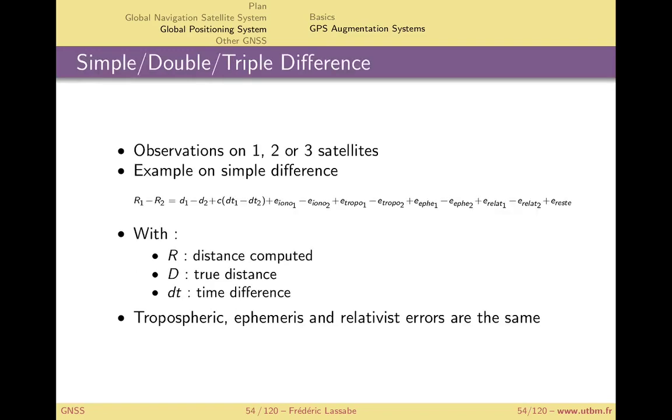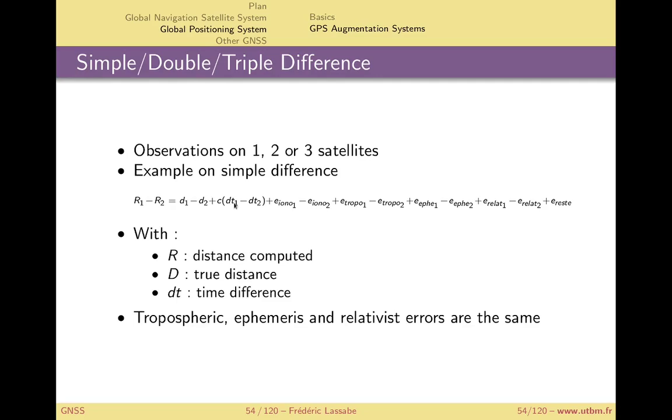So the observations are on 1, 2 or 3 satellites, and simple difference is an example here. You have your distance computed, which will depend on the distance from both satellites and the DGPS station.